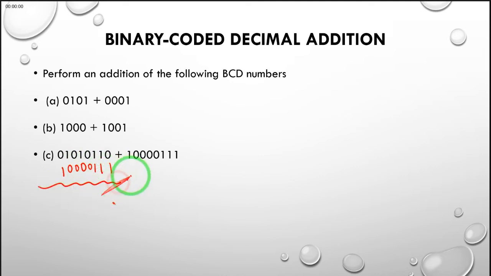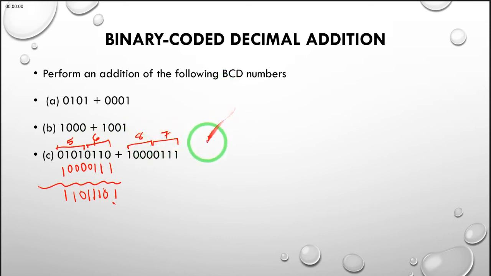When we do this addition, we have what? 0 plus 1 is 1, 0 carry 1, 1 carry 1, 1 0 1 1. So this answer, if you are to check, this is equivalent to a 5, this is equivalent to a 6, this is equivalent to an 8, and this is a 7. So what we are doing here is 56 plus 87.